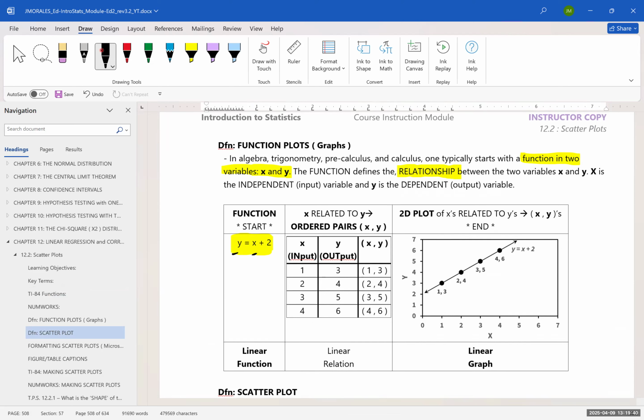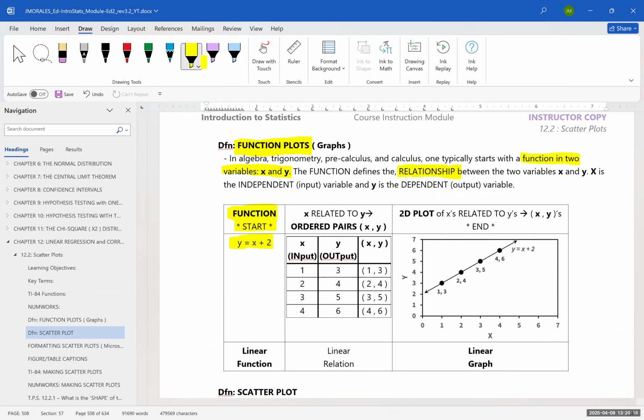This is showing that y is related to whatever value x happens to be. Because we don't know a specific value of x, we use the variable x as a placeholder for that value. Maybe not a placeholder, but more of a container. So typically, when we're talking about a function plot, you start with a function, an equation like this.